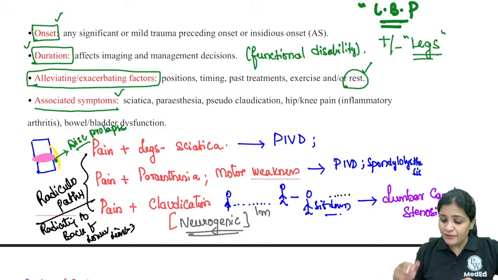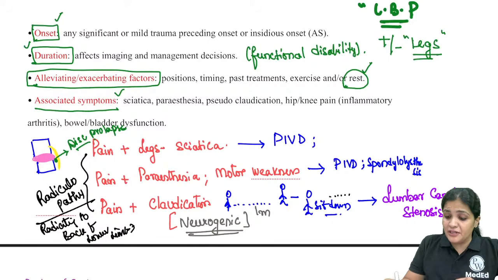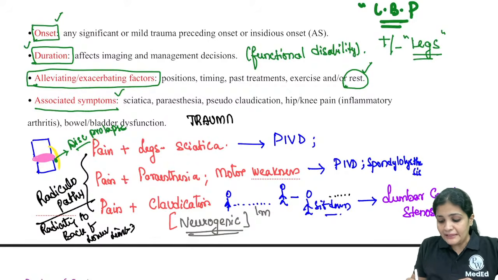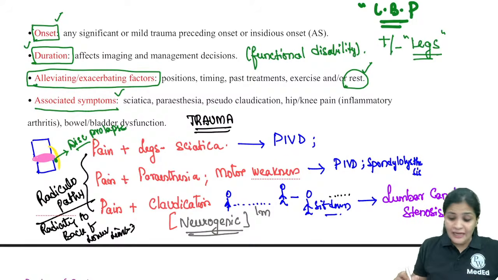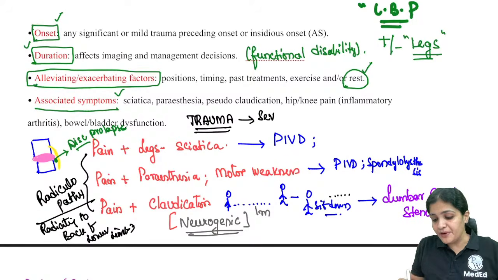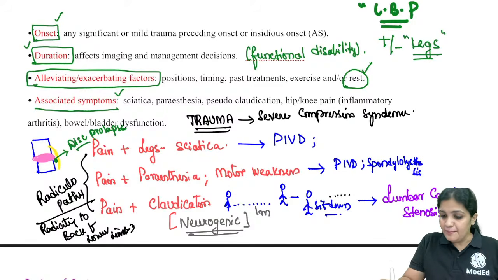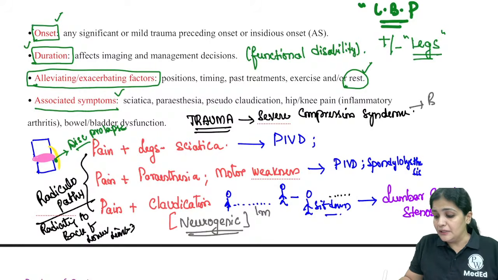Now, if the patient is having any trauma, this trauma may sometimes lead to severe compression syndromes, and this compression syndrome may affect your bowel and bladder.